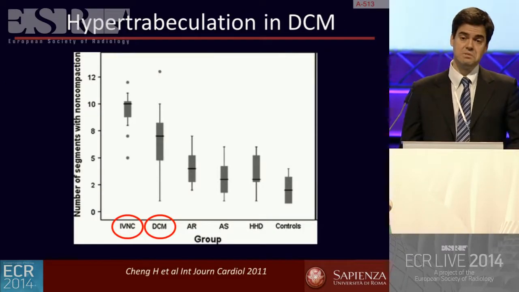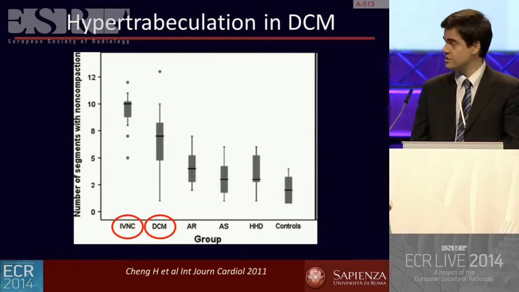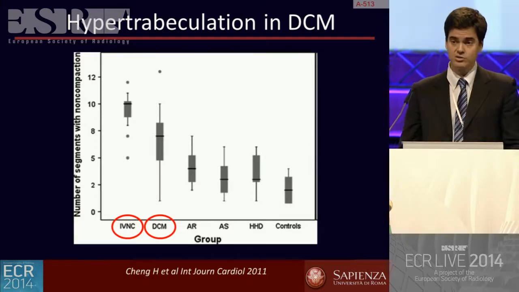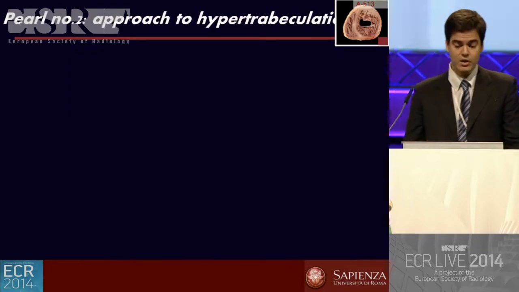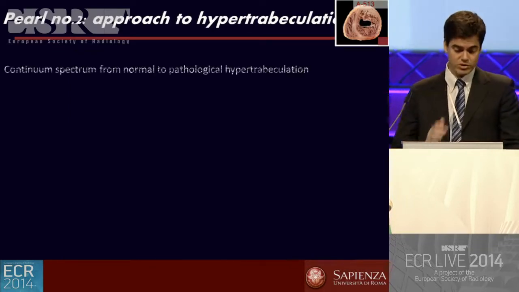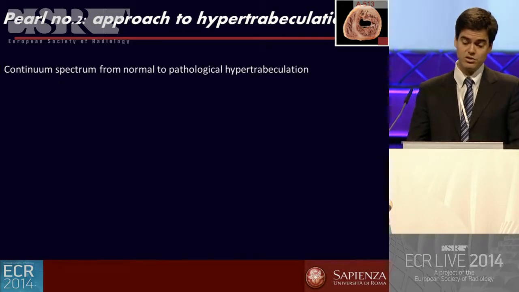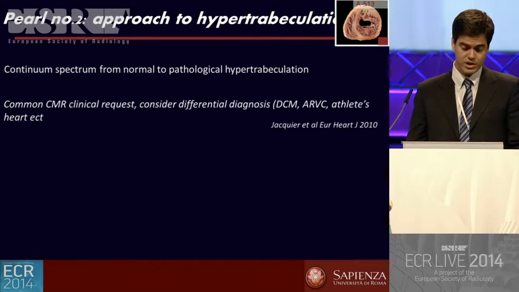And again, several papers in literature focus on this aspect, but the truth is that it's not really easy to differentiate dilated cardiomyopathies versus non-compaction. One ratio is related again to the amount of non-compacted fibers. So how to approach hypertrabeculated ventricles? First of all, as I mentioned, it is a continuum spectrum from normal to pathological hypertrabeculation. It's a very common CMR request.